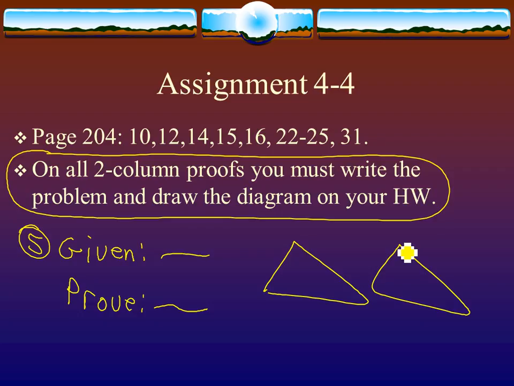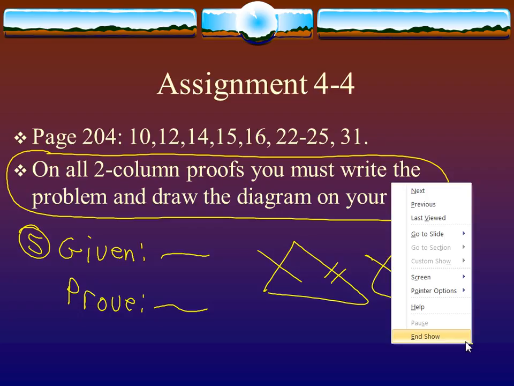So draw, write the problem, draw the pictures. The reason I do this, you've got to be able to come out here and label stuff so you can work these problems through. Otherwise, you'll be completely lost. These should be easier 2-column proofs than the ones we did earlier this year. Hopefully. Look, now the thing, I shouldn't open up my mouth, but now the thing disappeared.